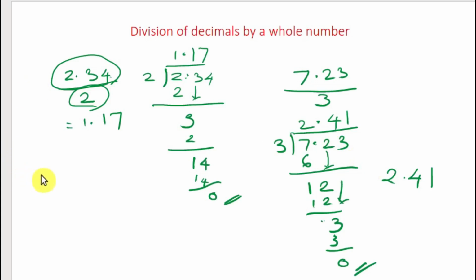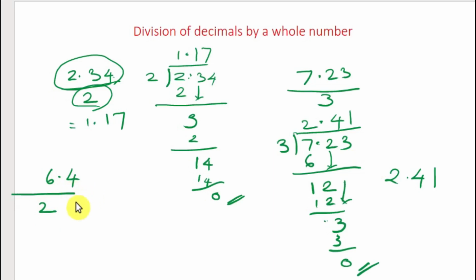Division of decimals by a whole number. If suppose 6.4 by 2, one more method is there. Here, if I multiply by 10, the point shifts from here to here, so it becomes a whole number. So when the numerator is multiplied, the denominator should also be multiplied by 10.